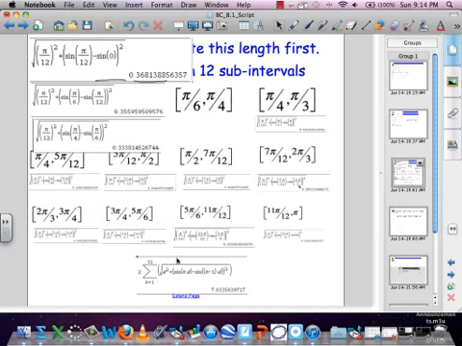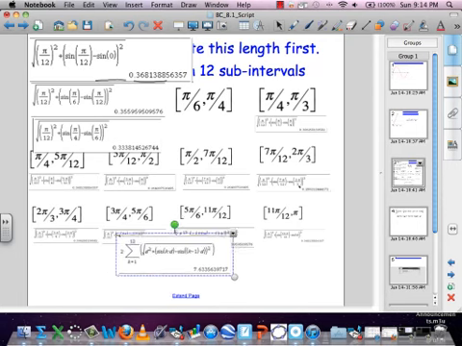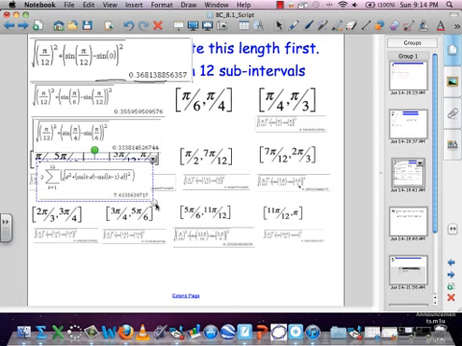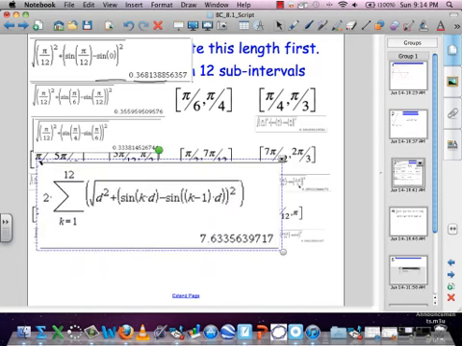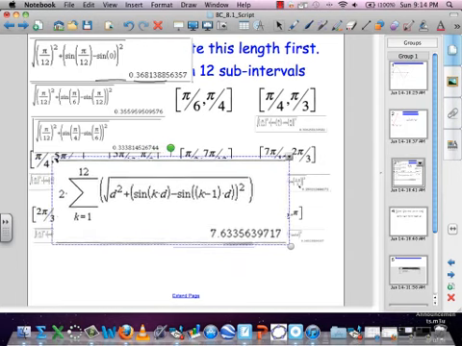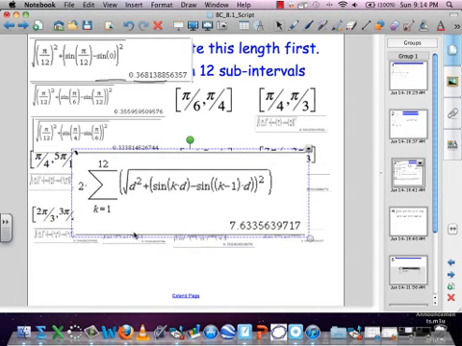Okay, and so this is a situation that is set up perfectly for a sigma exploitation. Okay, so here's what the sigma would look like in this case. I would say I'm going to double my answer, but I'm going to go from k equals 1 to 12, so 12 subintervals that look like the square root of delta x, which is pi over 12, squared, plus the sine of my counter times delta x.